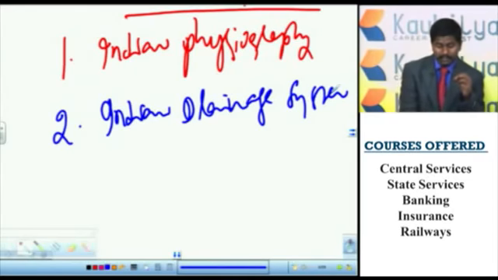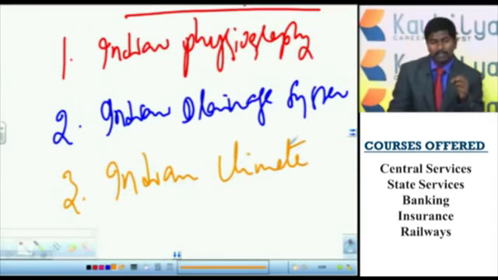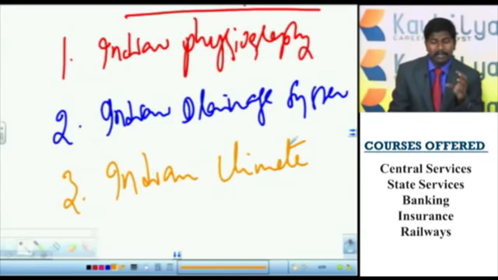Then after this, the third topic in Indian physical geography is Indian climate. In Indian climate, we will discuss the different seasons in India according to the India Meteorological Department, the different seasons experienced by the Indian landmass in one year, and the features, characteristics and importance of these seasons.